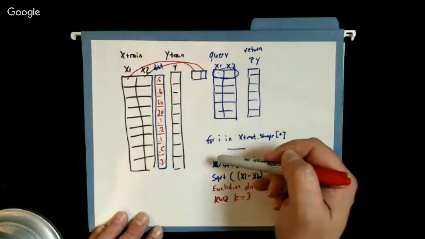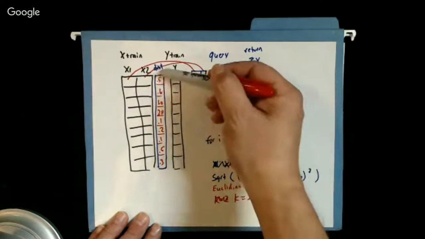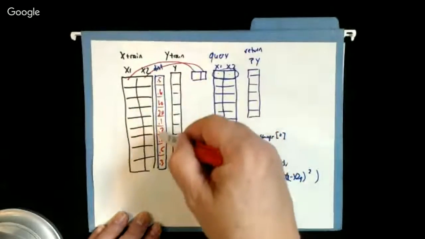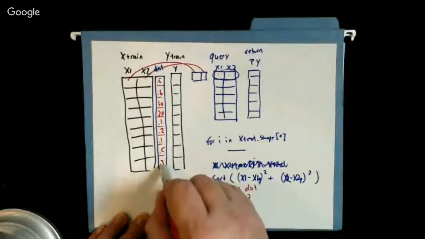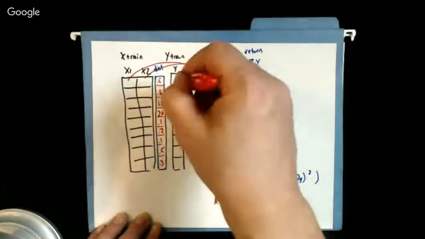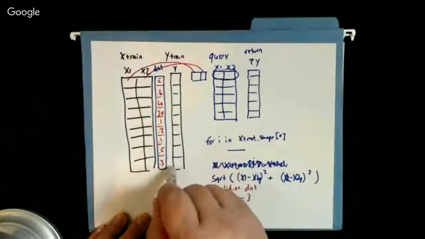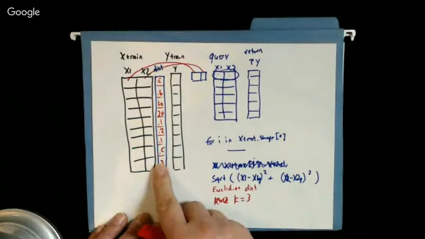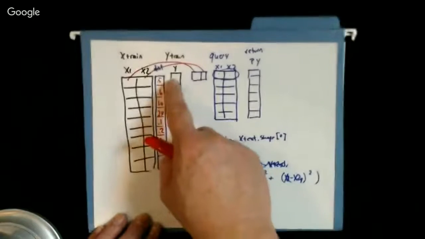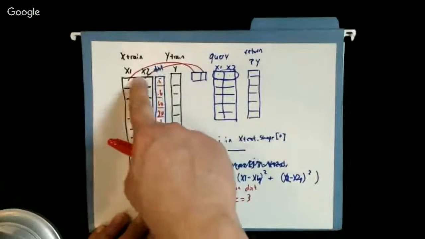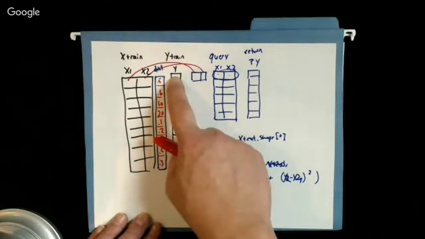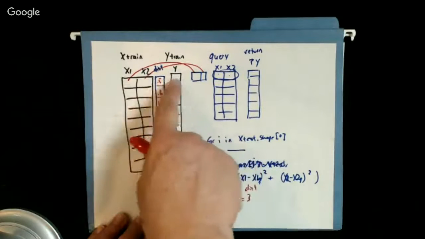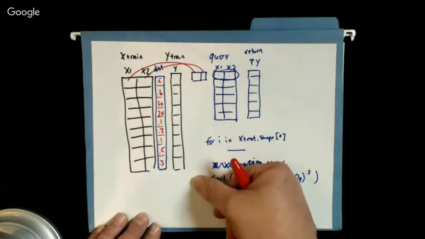One way to do that that's fairly easy is you sort. So you sort on this distance, and what'll happen is the smallest ones will be first and the largest ones will be last. Now, when you do this sort, you need to be sure that you keep track of the X rows and the Y rows so that you keep the relationship between them.